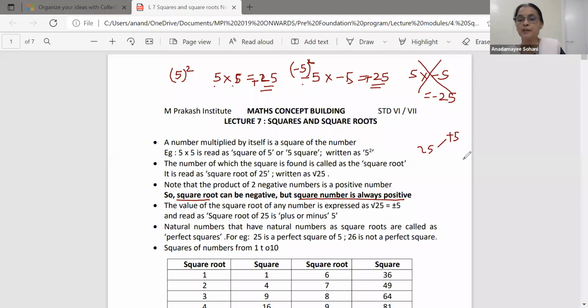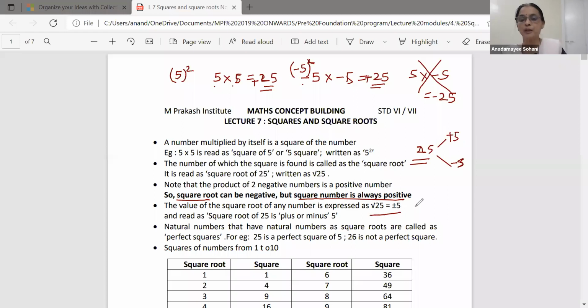Please understand this. When I'm saying 25 is a square number, and what is its square root? It can be plus or minus. But square is always positive. Remember this very important property. Square root can be positive or negative. Square is always positive.